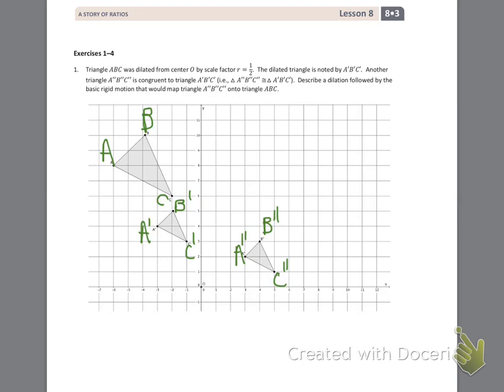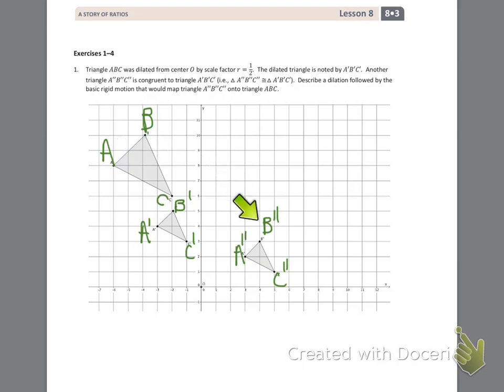So then another triangle, A double prime, B double prime, C double prime, which is right here, is congruent to A prime, B prime, C prime. Okay, so we have this congruence statement. We're supposed to describe a dilation followed by a basic rigid motion that would map the double prime triangle onto triangle ABC.